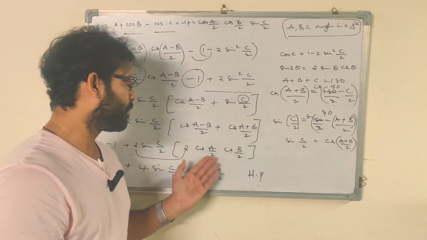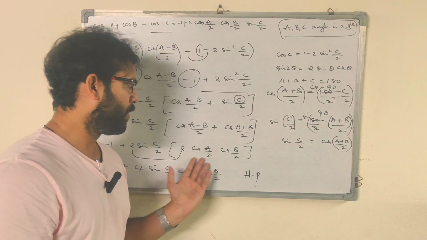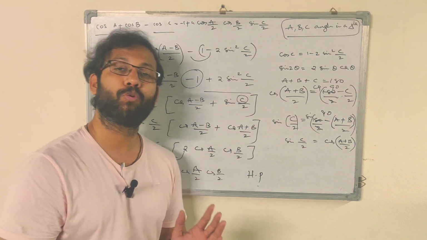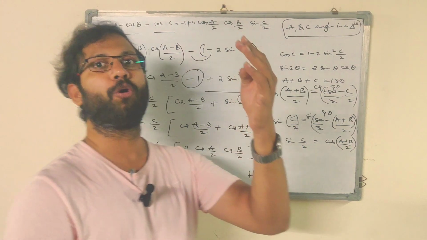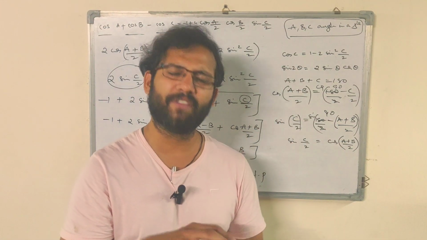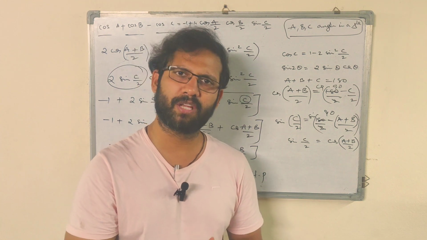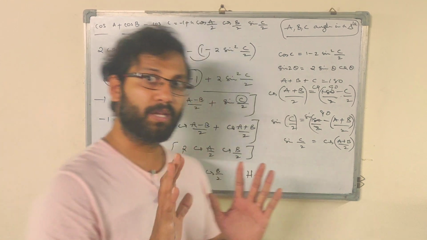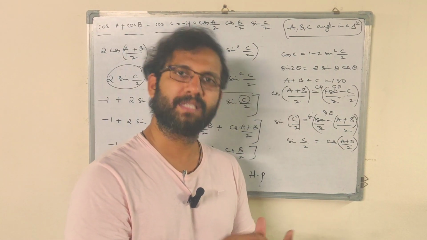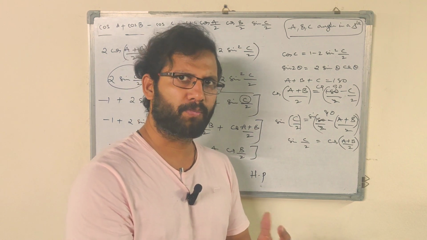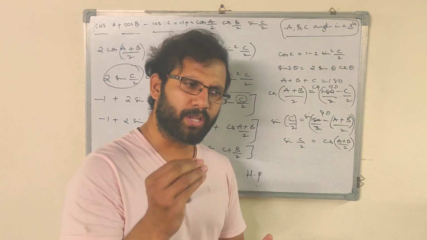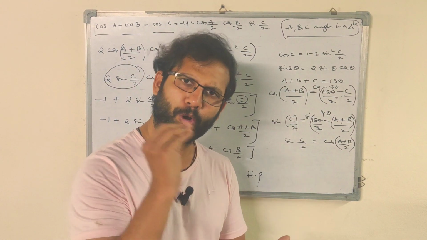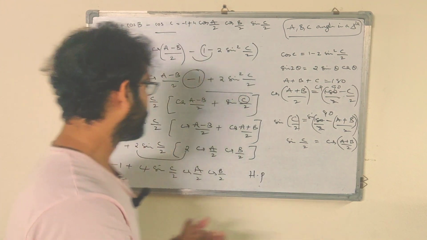Now, for this, we have to write 2 cos a by 2 cos b by 2 as per those four formulas. I will definitely share this formulas list in my link. Please be thorough with the formulas, then start this type of problems. I can guarantee you, you can solve at least 4 to 5 problems of the same type.